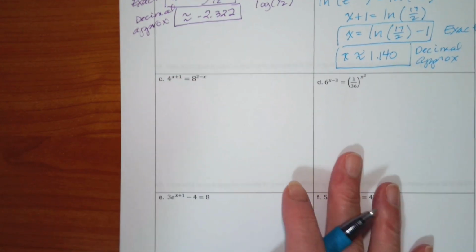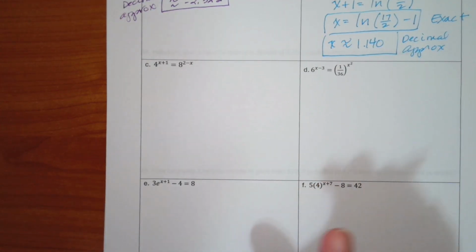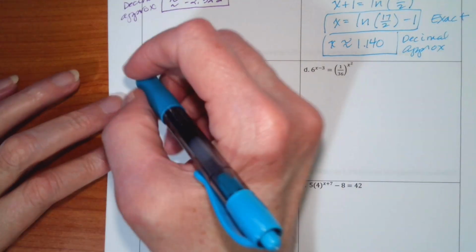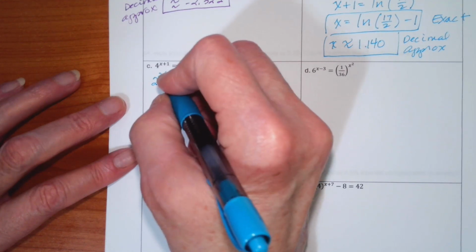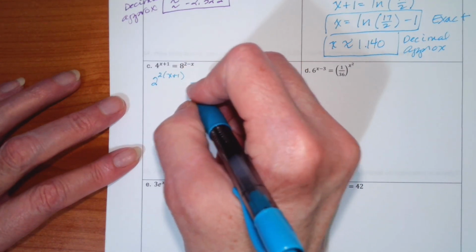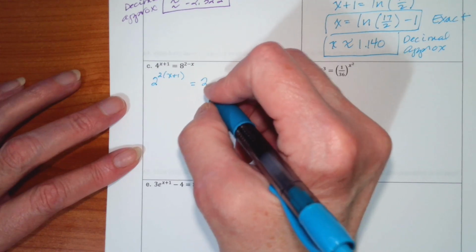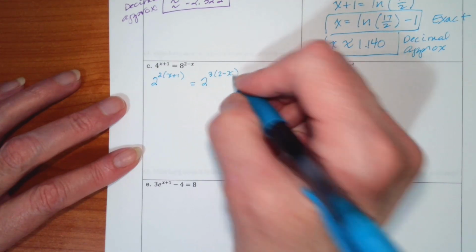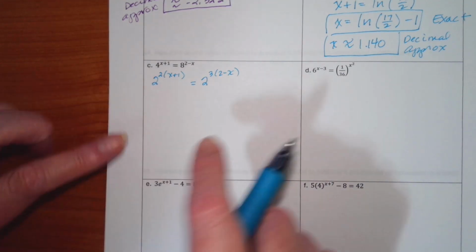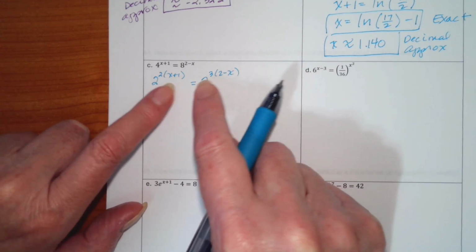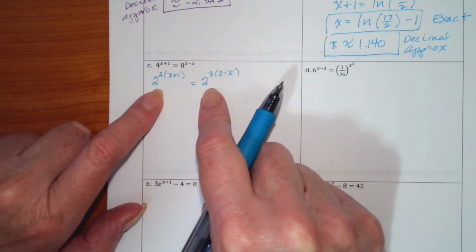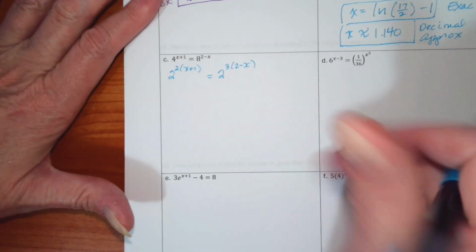Okay, now, the first thing I notice here, and this is why it's really good to know your powers, 4 and 8 can both be written as a power of 2. So I can write 4 as 2 squared to the x plus 1. 8 is 2 cubed to the 2 minus x. One of our rules is if the bases are the same, if this is a true statement, then the exponents have to be the same.